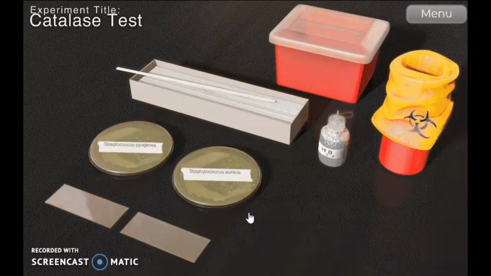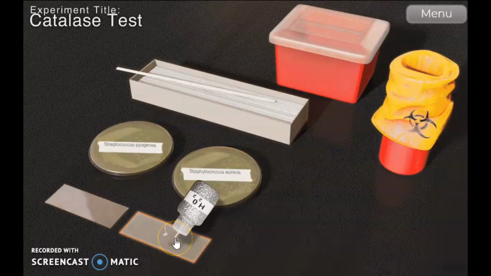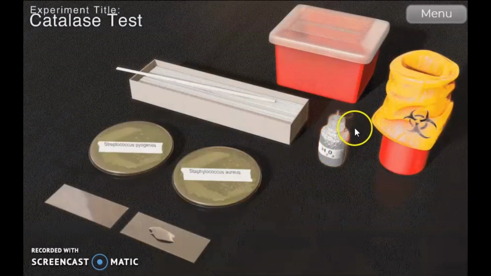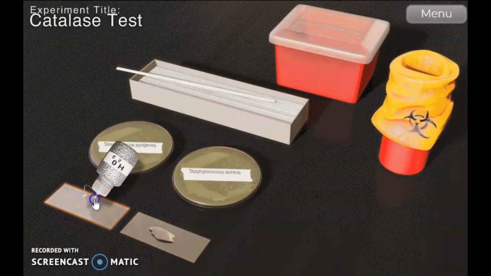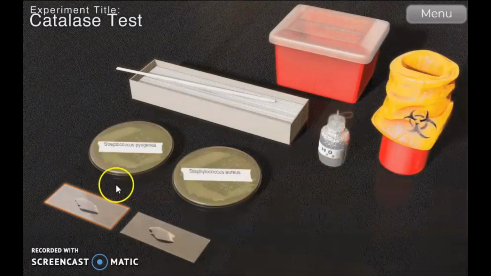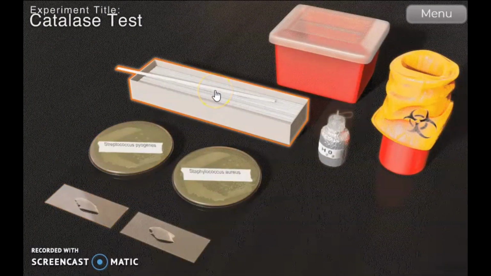The first step is to drop H2O2 on the slide. Second, pick an isolated colony.